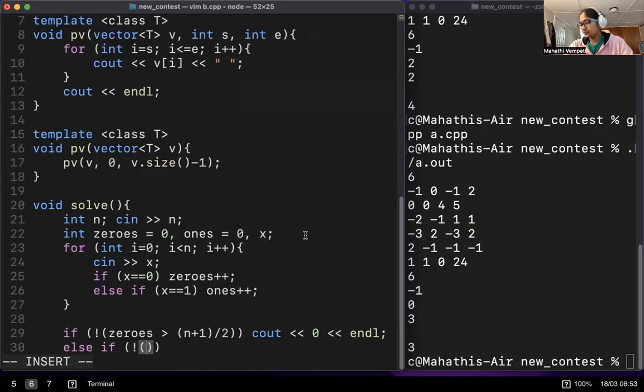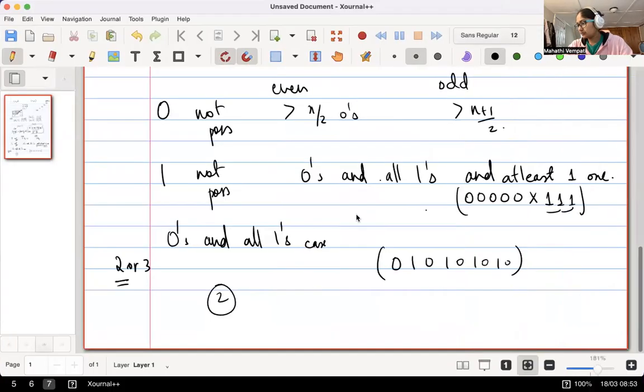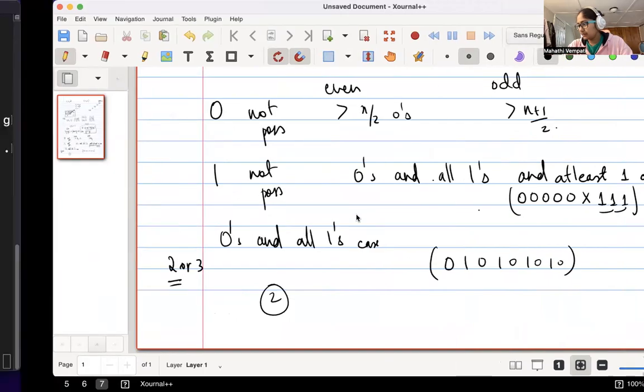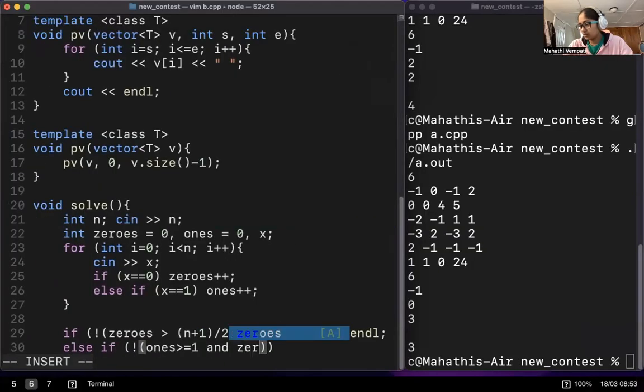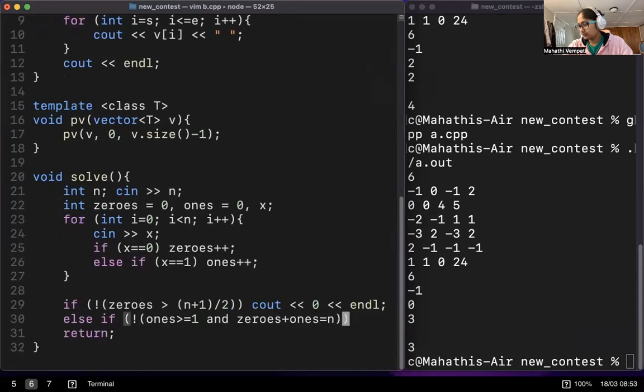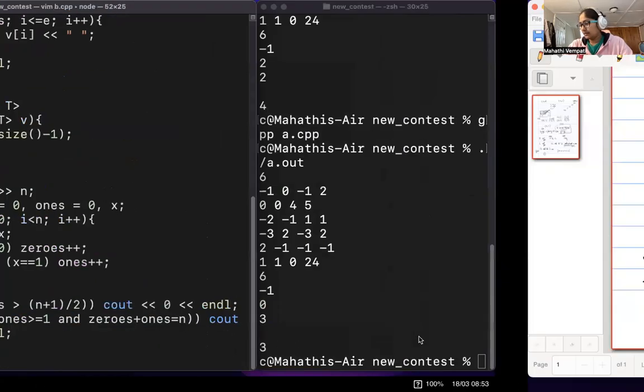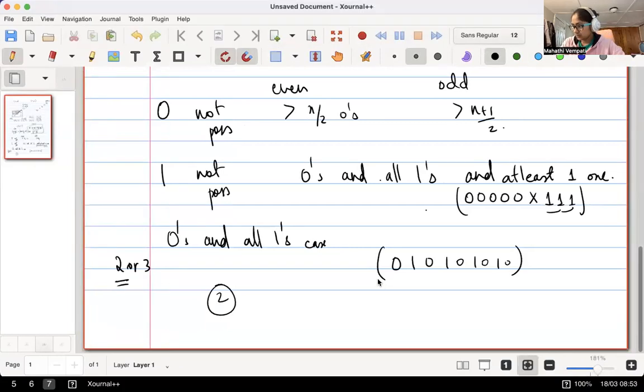At least one: ones is greater than or equal to 1, and zeros plus ones equals n. You can always make it work, is my claim.